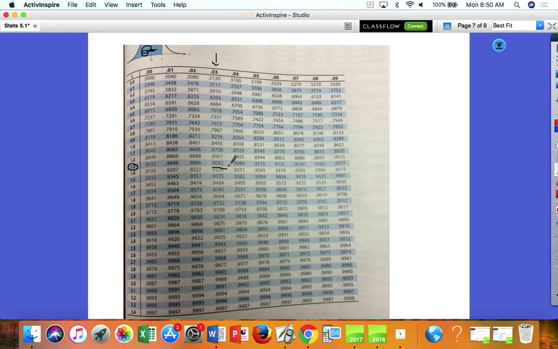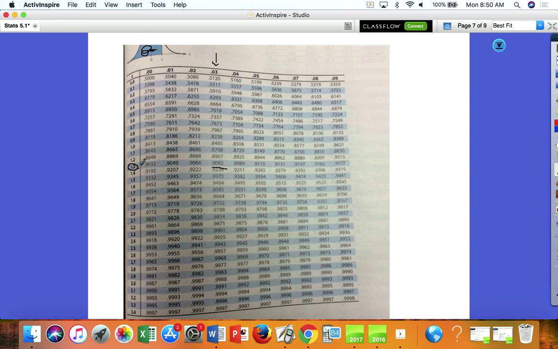Okay, now let's look back at the table. Question. How did you know to go to the 0.3 on top? Well, what is my ones and tenths of 1.33? 1.3. What is the hundredths of my number 1.33? 3.